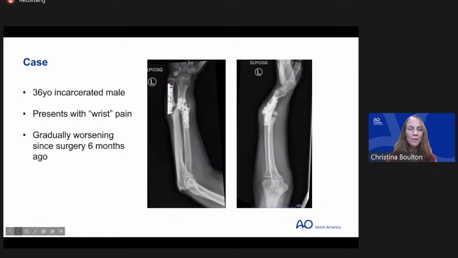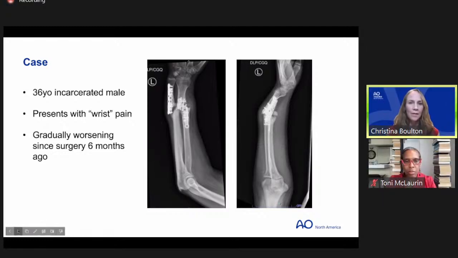It doesn't actually bother him how crooked his arm is. It just bothers him that it hurts. So this is sort of a whole bag of worms, but I want you to think about how you would approach this and what are the challenges that you might encounter as we start off with Dr. McLaurin, and she will share her talk here to start with non-union.